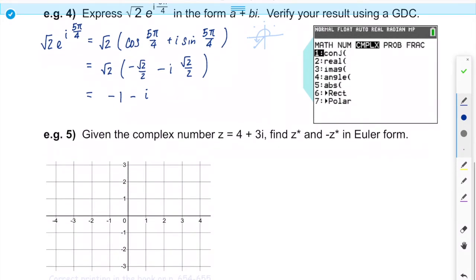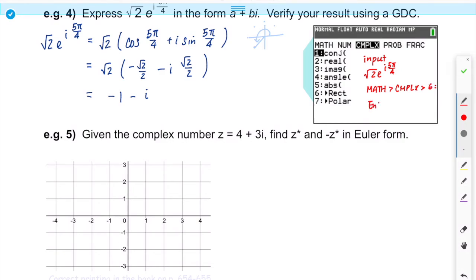But the first thing is you have to first enter your number. So square root of 2, second function e to the power of i. The i is the shift of the decimal point button. Then 5 pi over 4, and then make sure you go to the right after you enter the Euler form of your complex number.